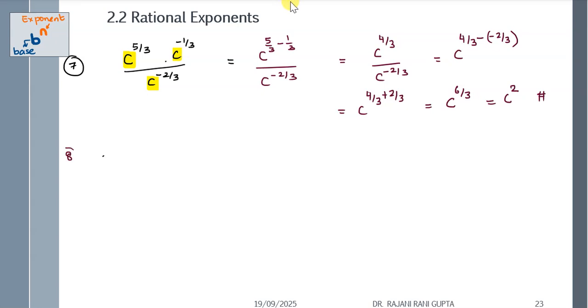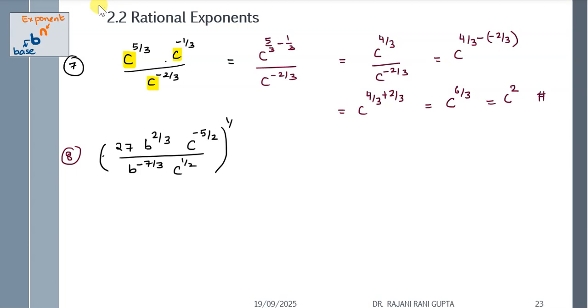Okay. So in the same way, you can solve the questions involving multiple powers. Like for instance, if you have this question, 27 b power 2 by 3, c power minus 5 by 2, divided by b power minus 7 over 3, c power half, and its whole power 1 over 3.